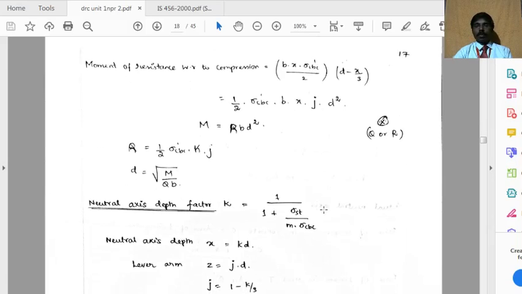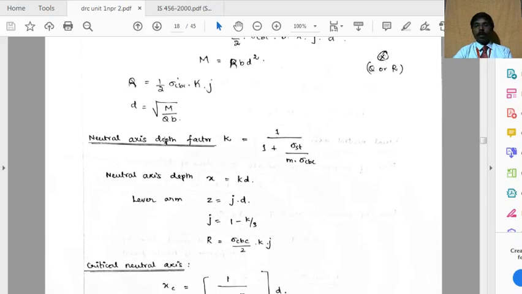The moment of resistance with respect to compression is rewritten as 1 by 2 of sigma CBC dash B into x into J into d square. Finally, the moment of resistance M is equated to Q B d squared. We can use the notation either as Q or R. Therefore, the formula Q or R is equal to 1 by 2 of sigma CBC dash into K into J. The effective depth is written as root of M by Q into B.